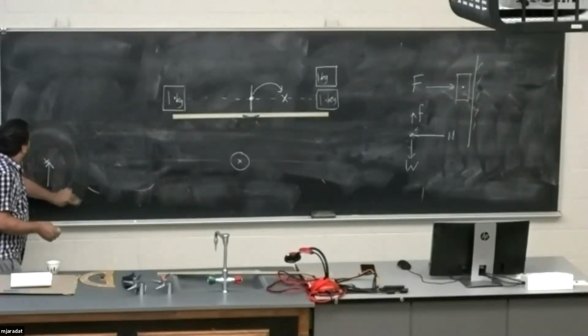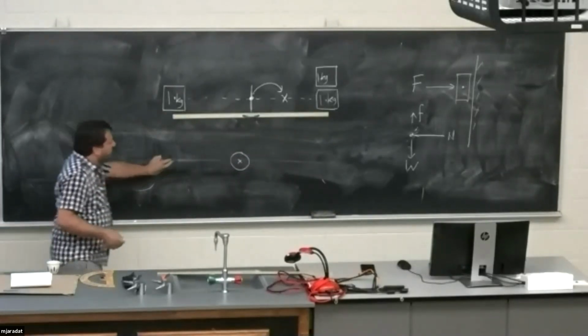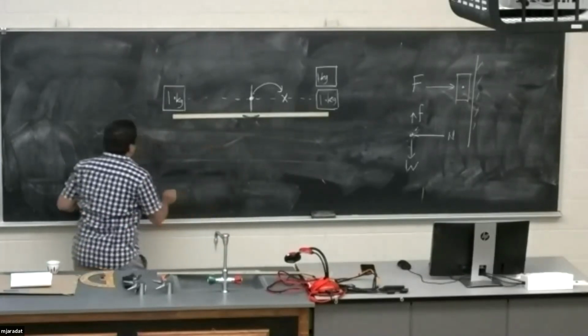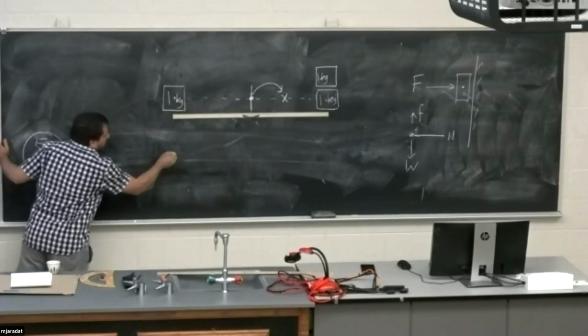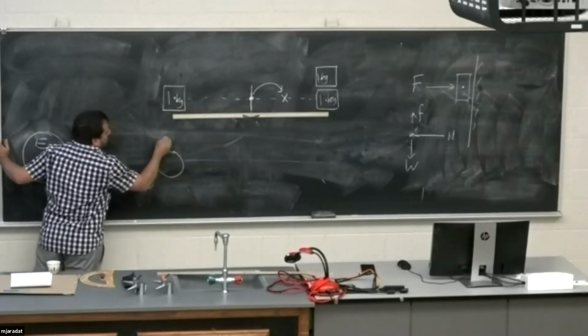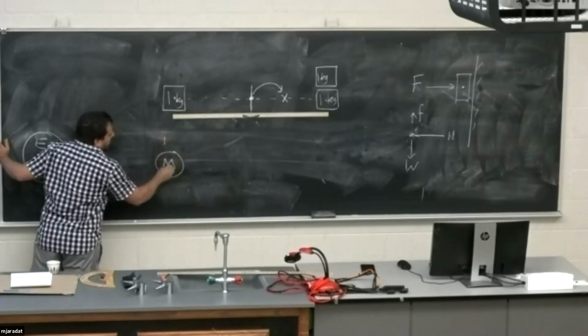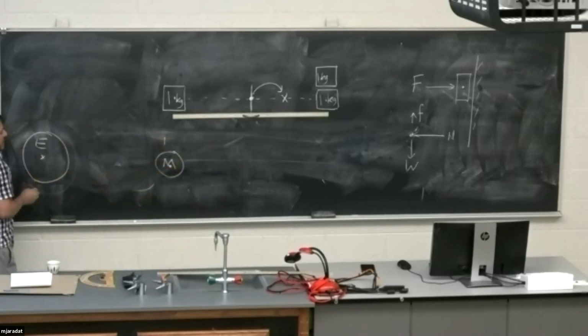And if I choose another two objects, for example, the Earth and the moon, this is the Earth, this is its center, and this is the moon. The moon is not too small with respect to the Earth, so you can assume the center of rotation is here, a little bit away from the Earth's center.